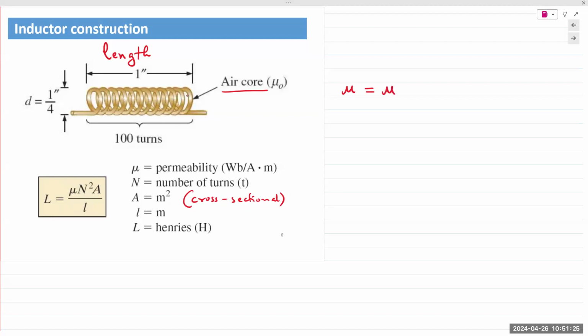It is given by the product of mu 0 and mu r. Mu 0 is the absolute permeability, a constant, 4 pi into 10 raised to minus 7. And mu r is the relative permeability of the core material when compared to mu 0.